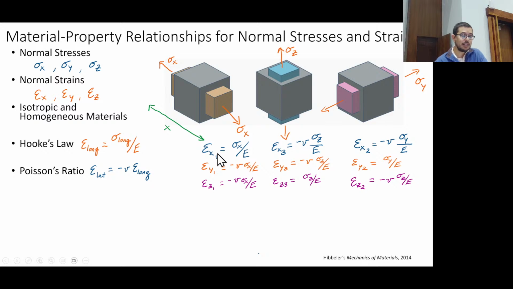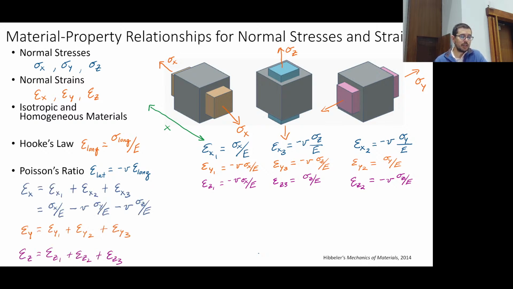I can take this epsilon x1 and multiply by minus nu, and this is the expression I get. Similarly, I can do it in the 3 direction, the z direction, or the 2 direction, the y direction. And this is what we get.